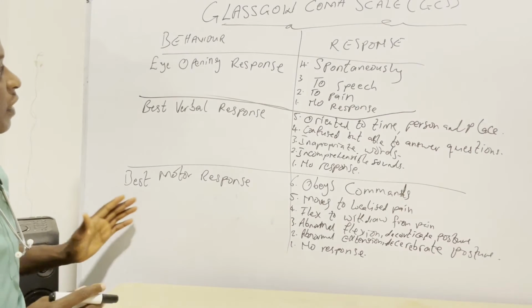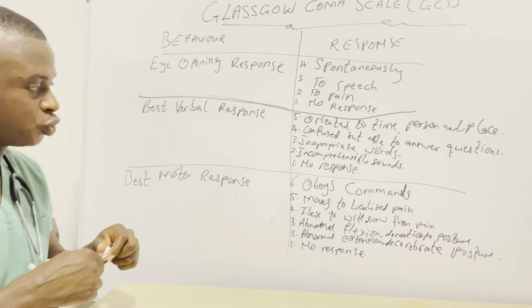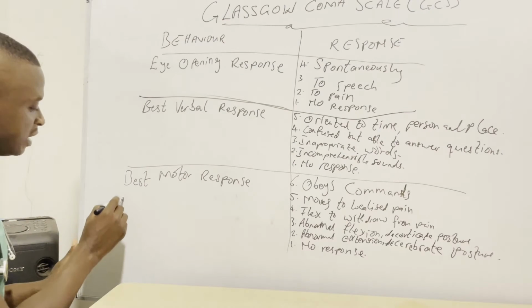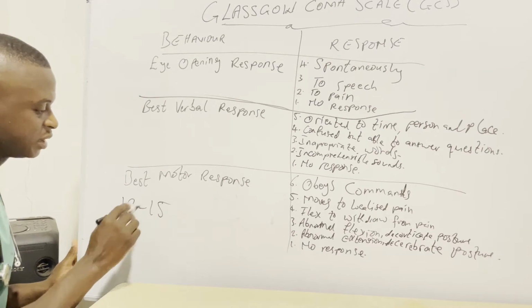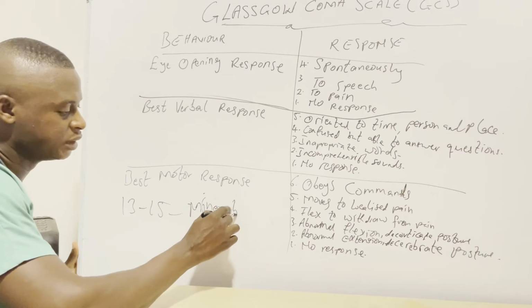All right, so after you have taken the patient through this test, and the patient is able to score 13 to, let's say, 15, the patient has minor brain injury.